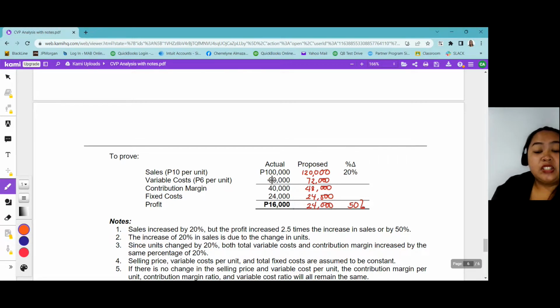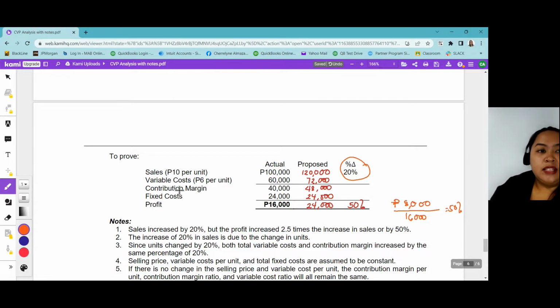Your fixed cost remains fixed, 24,000, so your profit will become 24,000. So kung titignan ninyo, nagkaroon ng change of 8,000 pesos increase in profit. 8,000 divided by 16,000, that is 50%. Okay? Tumaas yung profit mo ng 50% by increasing your sales by 20%.